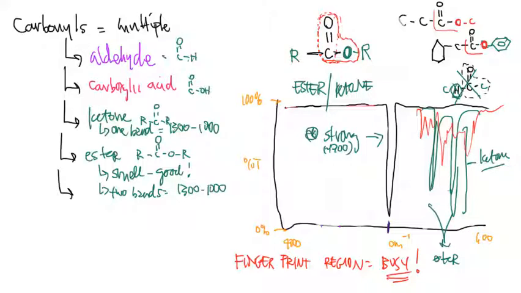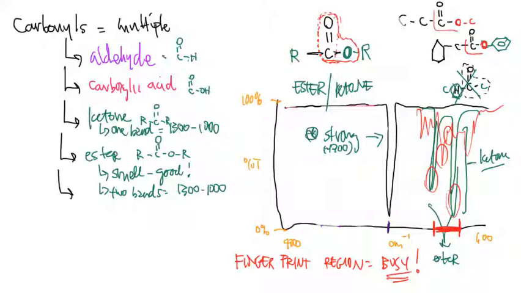And if I look in the range of 1300 to 1000, and I only look in that range, and I see something that looks like this, and something that looks like this, and something that looks like that, and maybe a squiggle that looks like this up in here, then if I ask you, is it an ester or a ketone, you're going to look at this and say, well, ketones have one, esters have two, but here we've got multiple peaks that are present. And I don't really know which one's which. Which one should I be looking at? That's the problem.